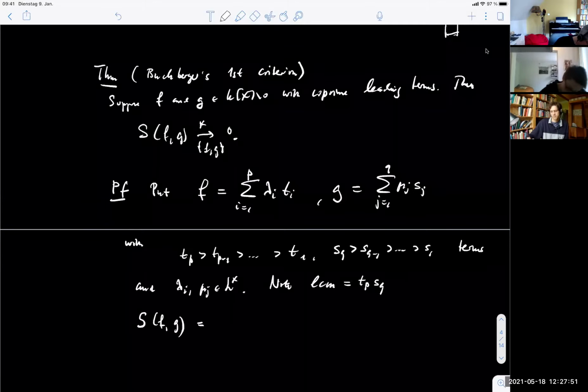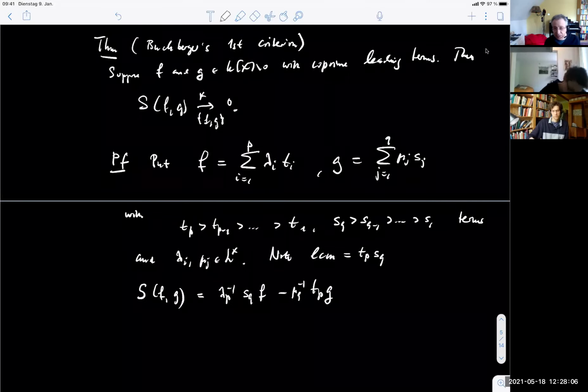It's very simple here. I have to correct my coefficient, and here I have s q F minus mu q to the minus 1 t p G, with the coefficients.